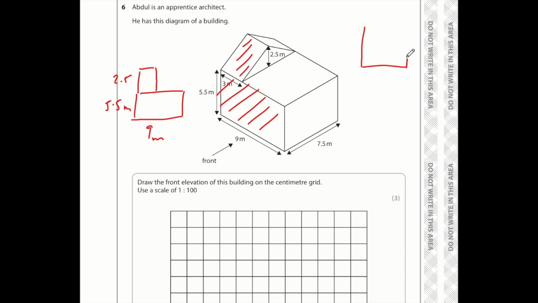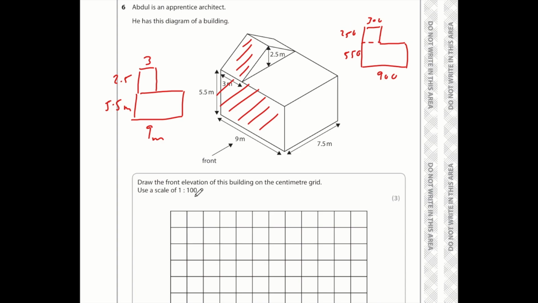So if I just do a rough shape again, multiplying them all by 100, this is 900, this will be 550, and 2.5 times 100 is 250. We also need to think about the width across here, of course, so that is 3, so that will be 300.